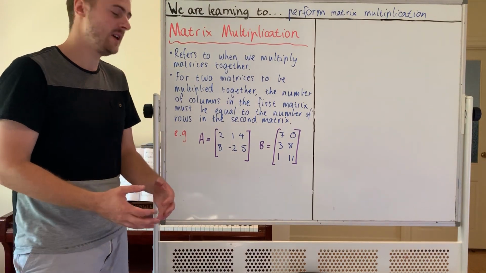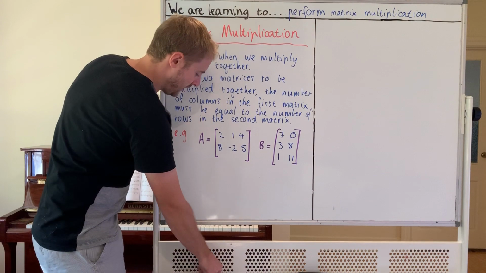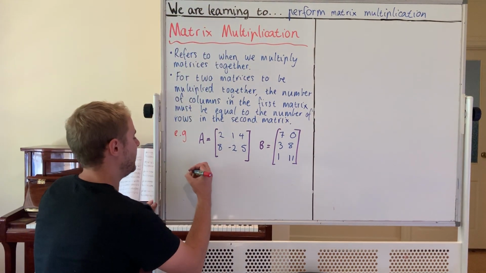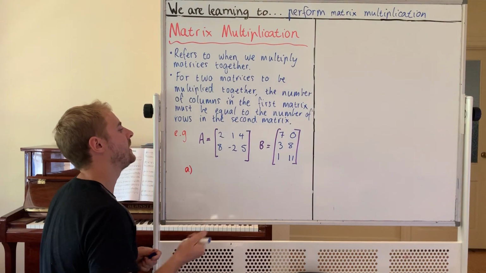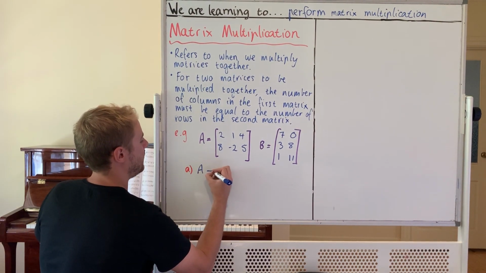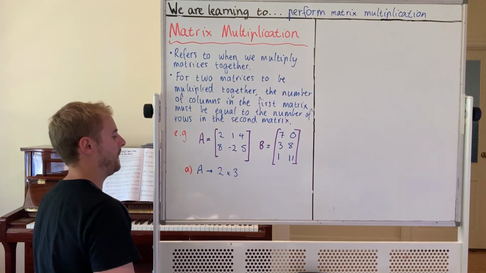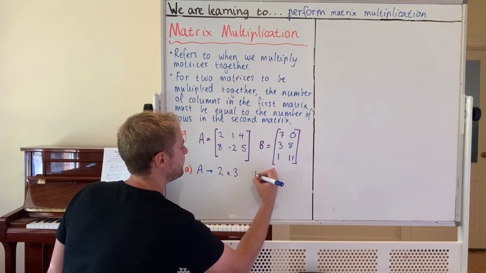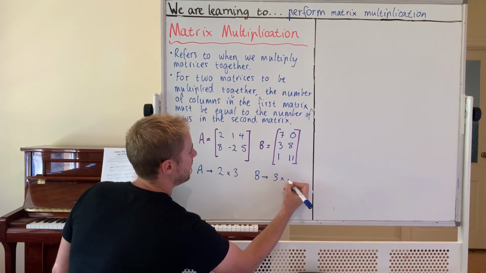A product matrix is the answer once two matrices have been multiplied together. All right, so the shortest way to do it is this. Matrix A, its order is 2 by 3. Matrix B, its order is 3 by 2.